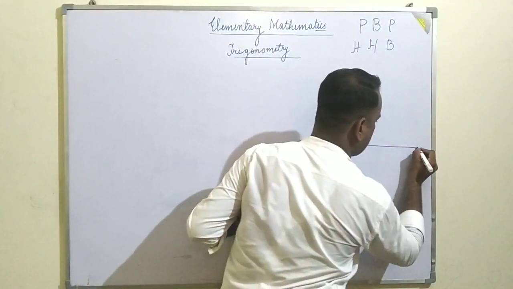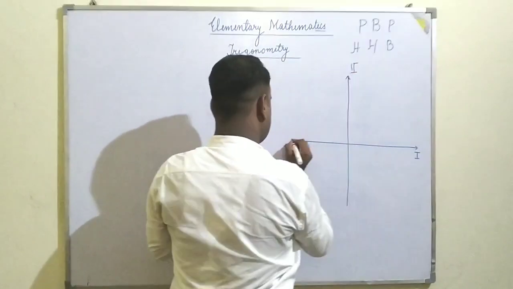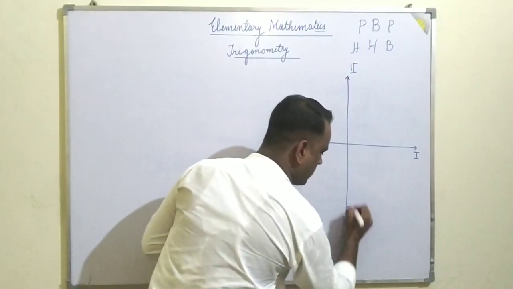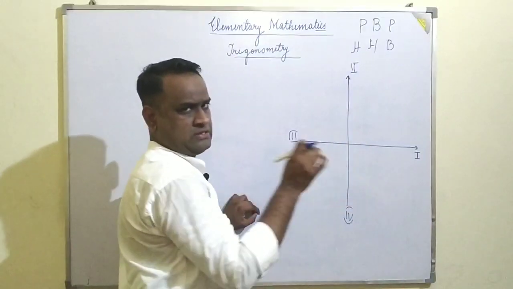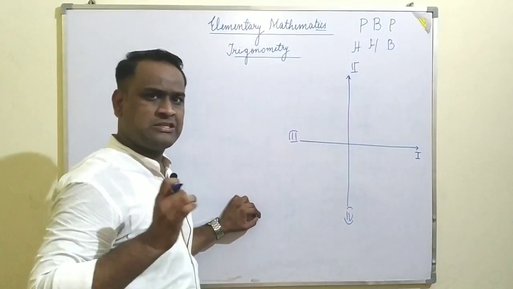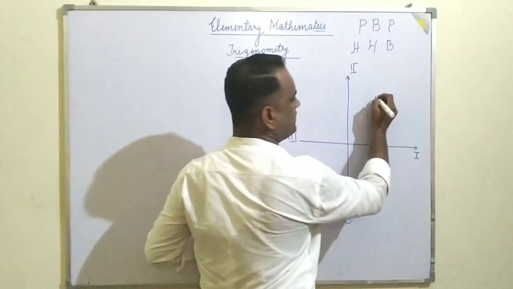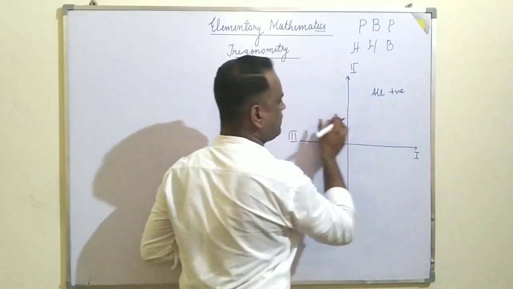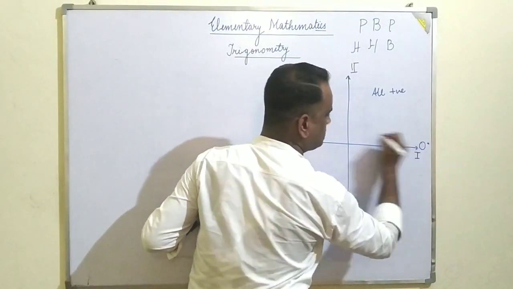This is the first quadrant, this is the second, this is the third, and this is the fourth. In the first quadrant all the trigonometrical functions, sine, cos, tan, cosec and sec, will be positive. In the second quadrant, first quadrant, that is theta is equal to 0.